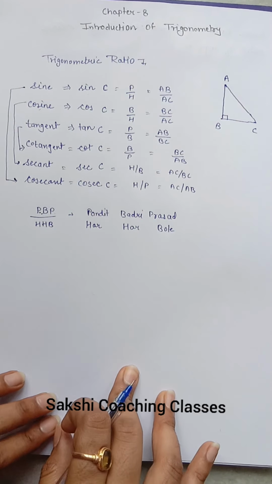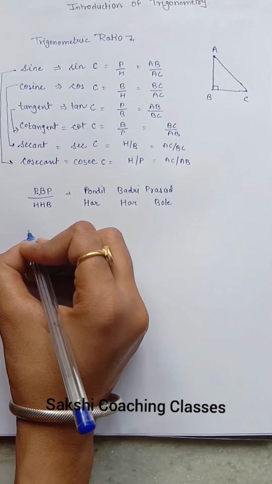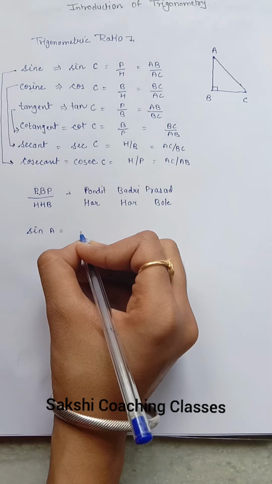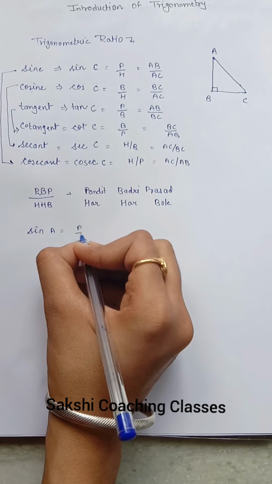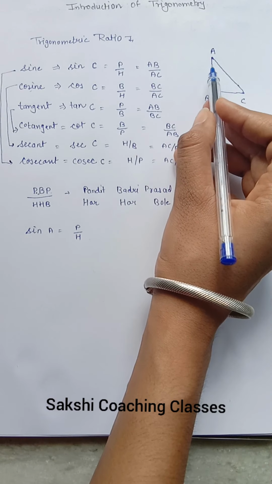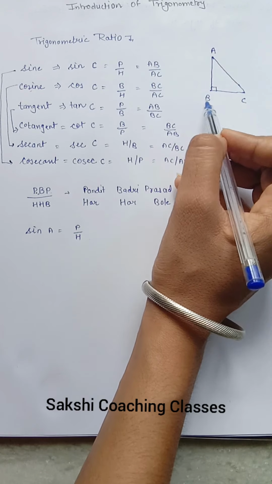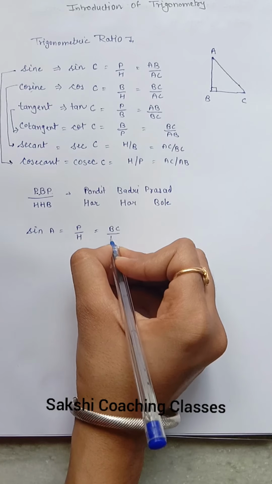So now if you have to find the sine of angle A, the formula for sine is perpendicular upon hypotenuse, and for the acute angle A, the base will be AB and the perpendicular will be BC. So it will be BC upon AC.